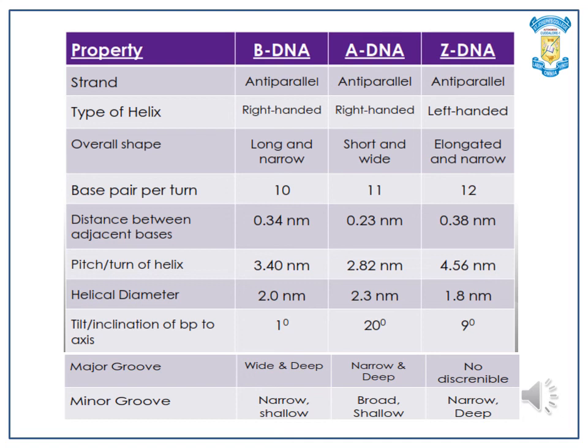The properties compared are the type of strand, type of helix, overall shape, base pairs per turn, distance between adjacent bases, pitch or turn of helix, helical diameter, inclination of base pairs to axis, major groove and minor groove. Thank you.